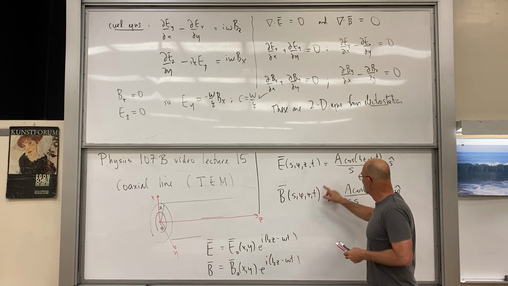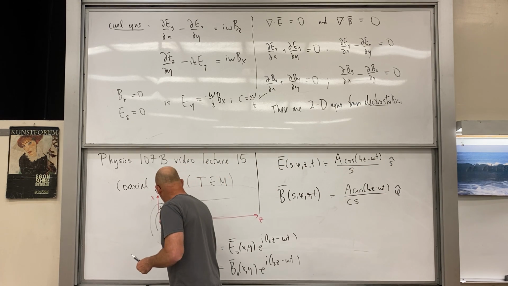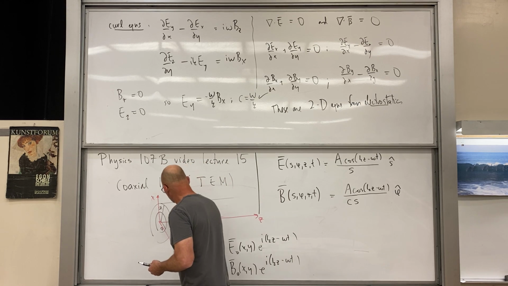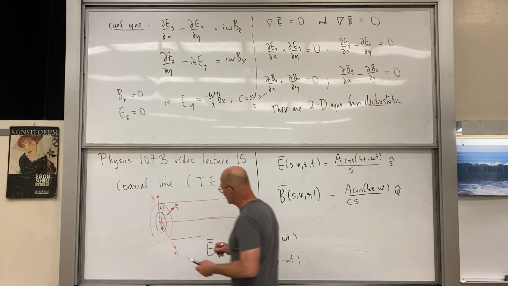Then our S hat vector is just directed away from the Z axis. If it's on the surface, it's right here, but that's a good way to draw it. There's our S hat.